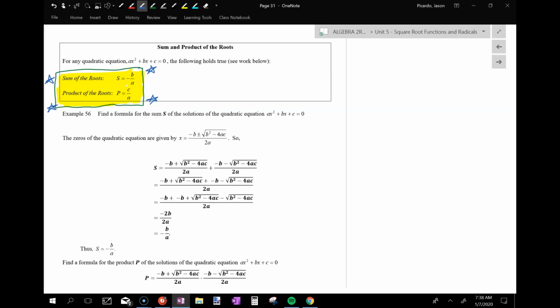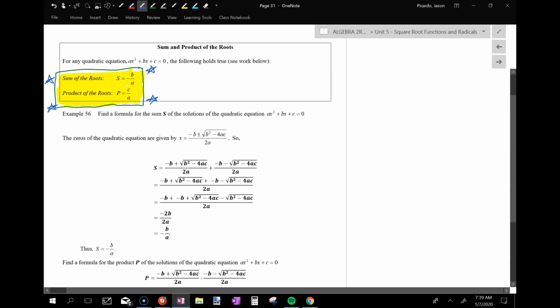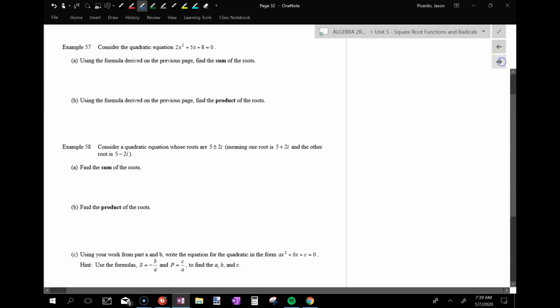What do those two formulas say? The sum of the roots is equal to negative b over a. The product of the roots is equal to c over a. Huh? Sum of the roots, what is it? What am I doing? What does that mean? I'm going to show you what it means. It's actually very, very simple.